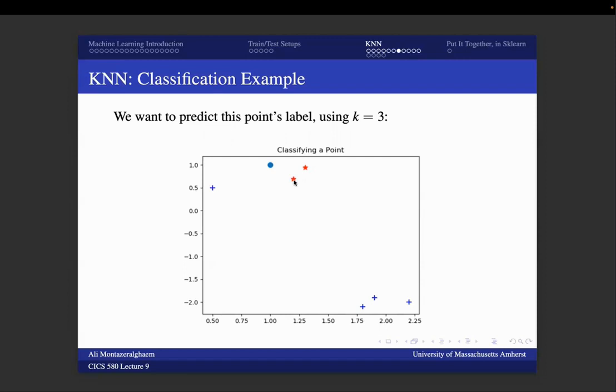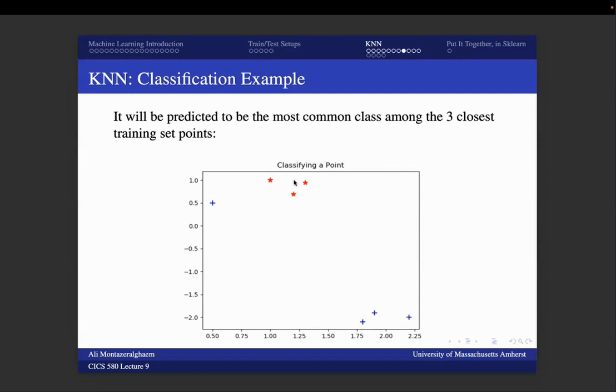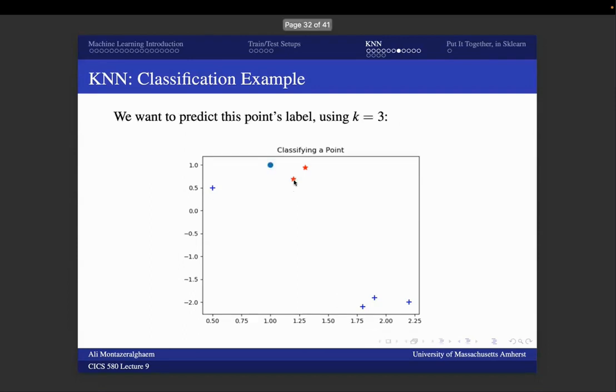If we consider that k is equal to 3, we need to find the 3 closest training set points to this data point.